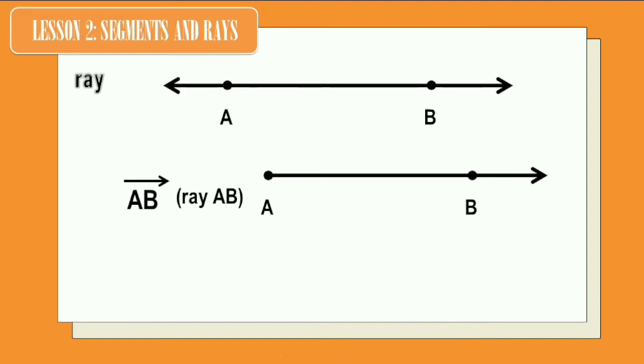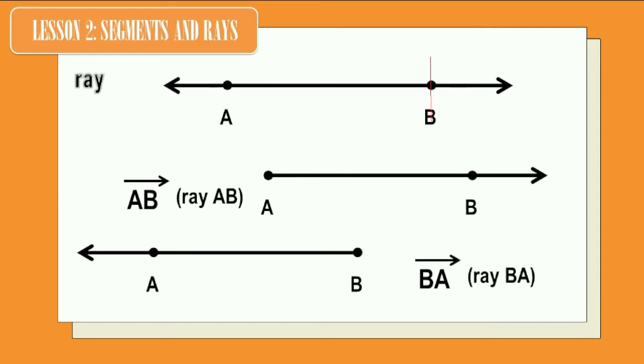Now, paano naman kung dito naman natin siya i-cut? Ito dito. So, siya ay magiging ganito. Yung direction niya ay sa left, kasi yung endpoint natin ay itong B. Pero pag isusulat natin siya, kung papangalanan natin siya, so ray BA.